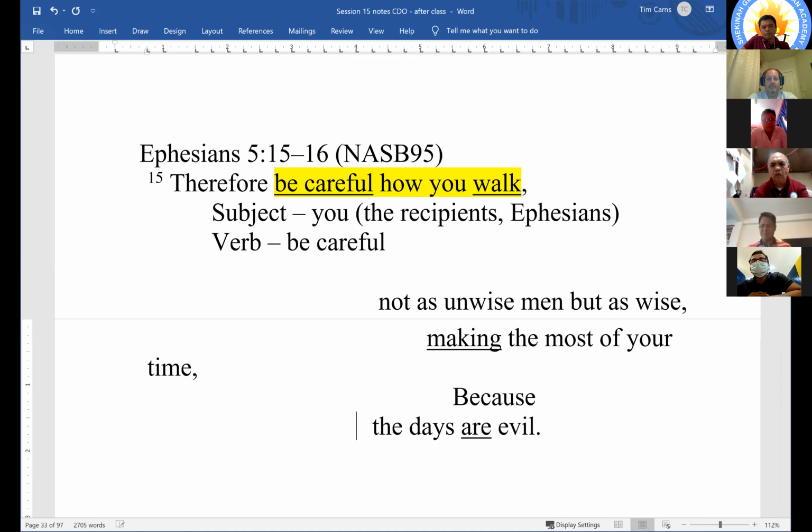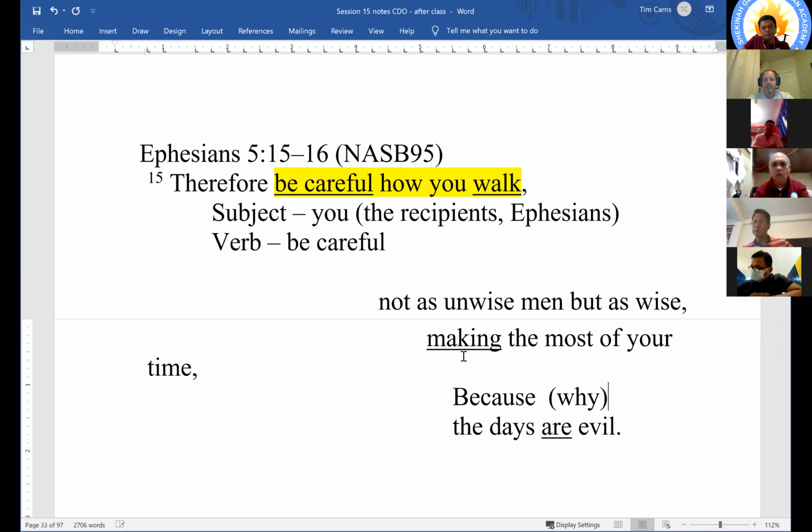All right, so this last statement, even though it's a clause, it's modifying the word making because it's explaining why. Why make the most of our time? Because the days are evil. Okay, so the days are evil is a clause.